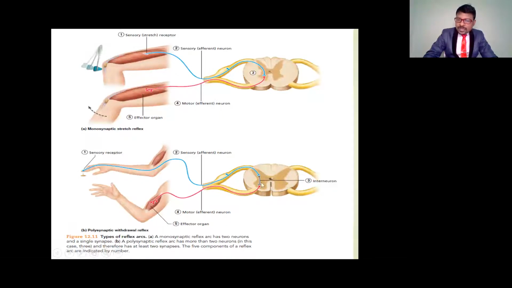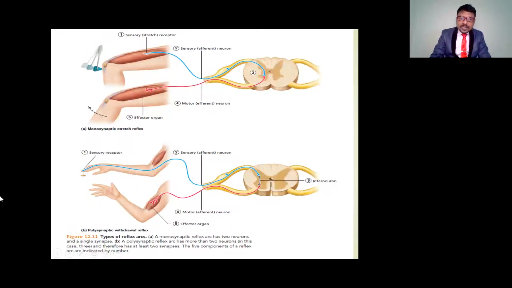After reaching the center, the spinal cord and also the brain, the spinal cord gives the response to the motor nerve. Automatically, after piercing by a sharp object, you do elbow flexion. That means your biceps contracts. That is called the motor response.